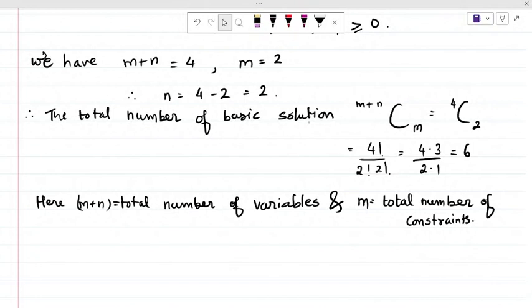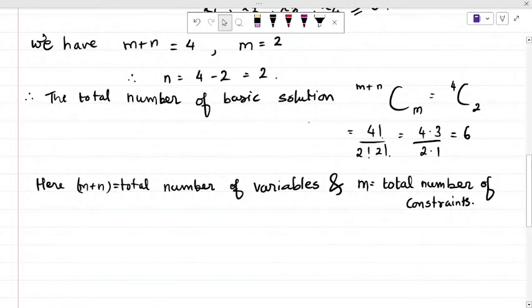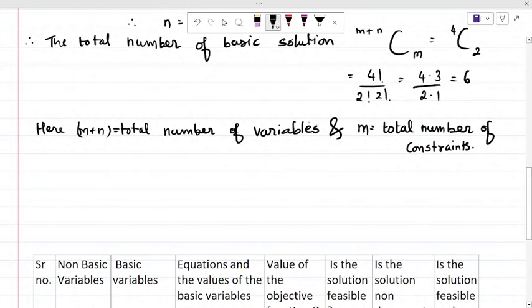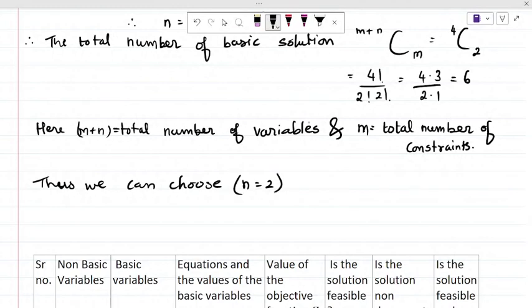So thus we can choose n equal to 2 variables to be 0.